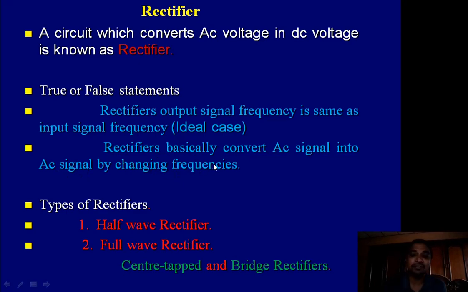A rectifier won't change frequency; the output frequency is almost always 0, that is a DC signal. Types of rectifiers: half wave rectifier and full wave rectifier. In full wave rectifier we have center tap and bridge rectifiers. Today we discuss the half wave rectifier.